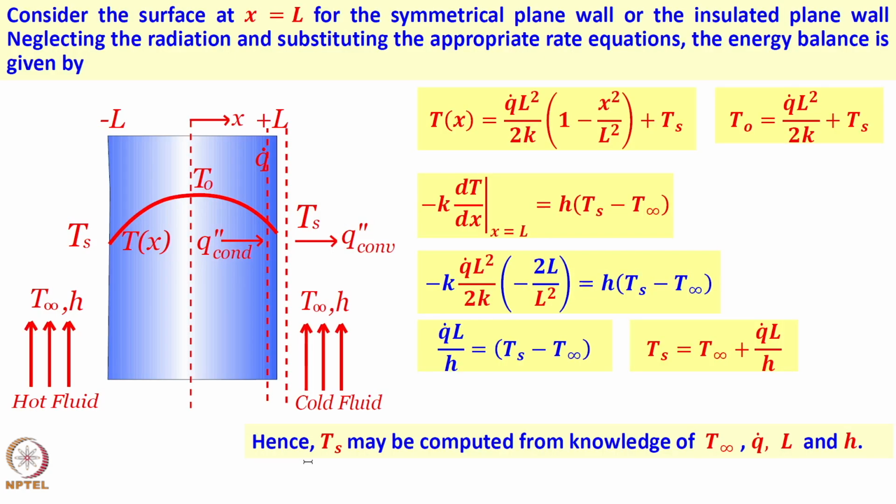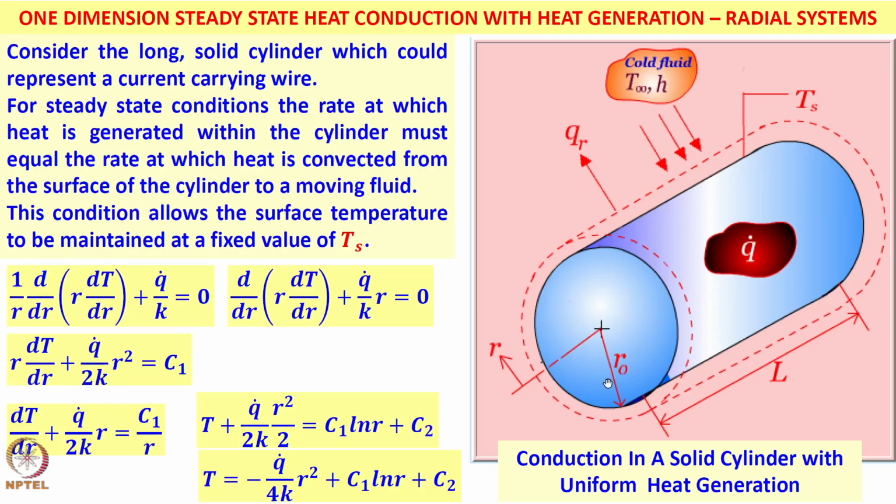Okay. Now, we have this one, and this whole thing has been done for you with a symmetry boundary condition. Okay. 1D heat conduction in radial system, which is a cylinder with heat generation.